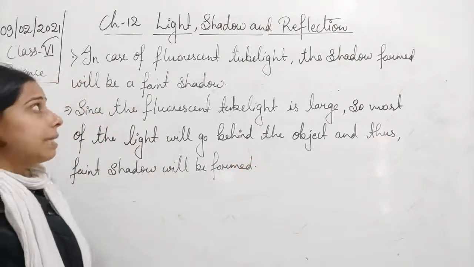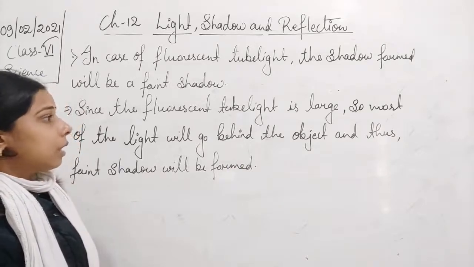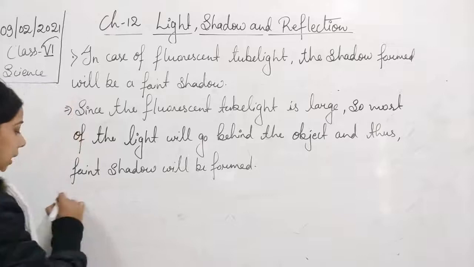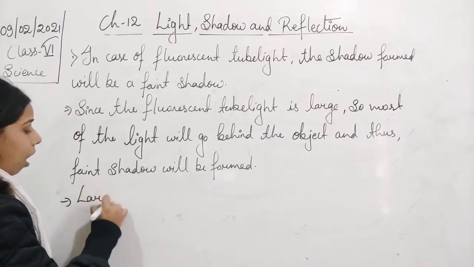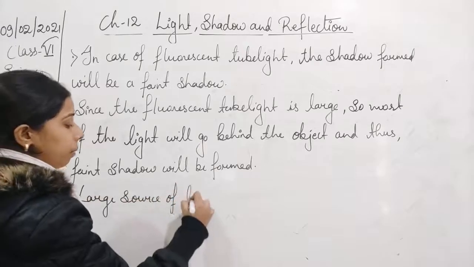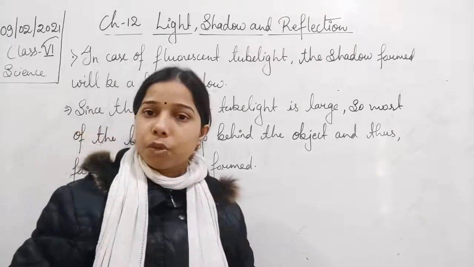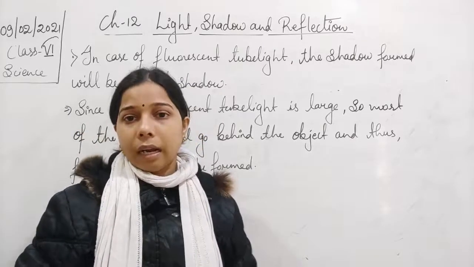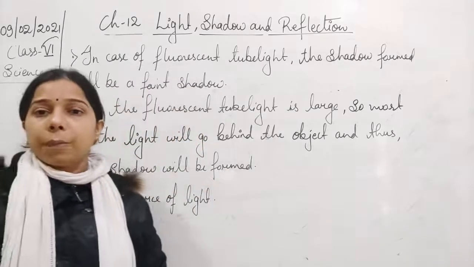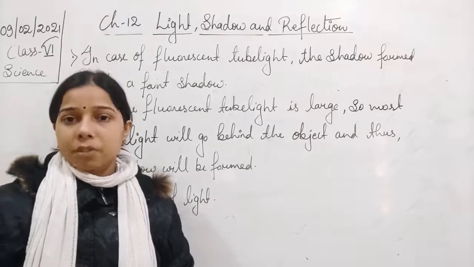So we can say that even with the fluorescent tube light, since it is a large source of light, most of the light will go behind the opaque object, and ultimately no proper shadow, no sharp shadow will be formed.